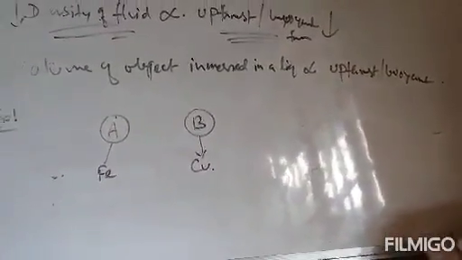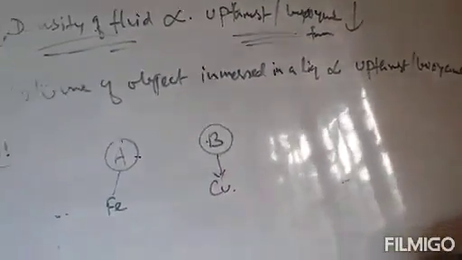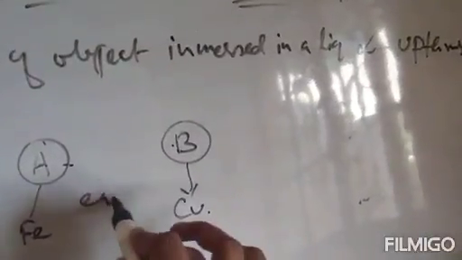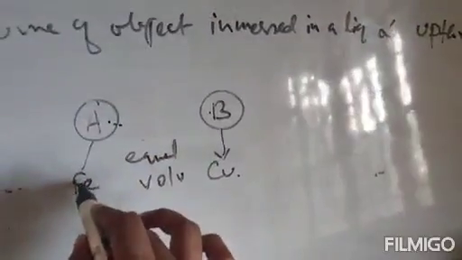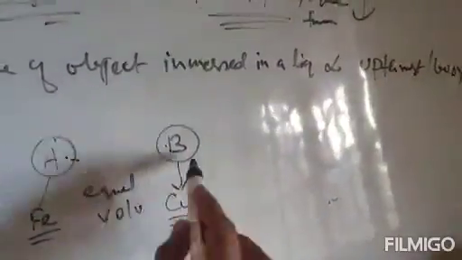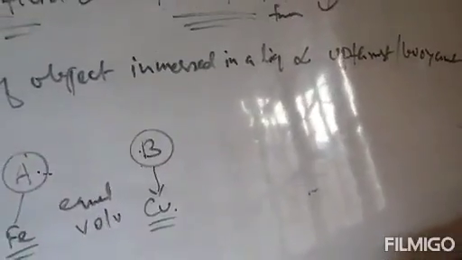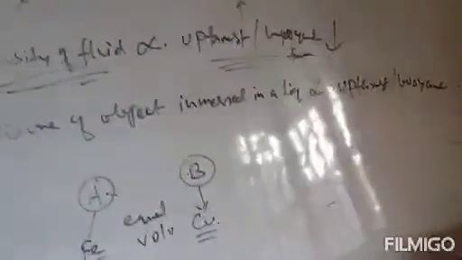Suppose this ball is made of iron and this ball is made of copper. They have different weights but equal volume.